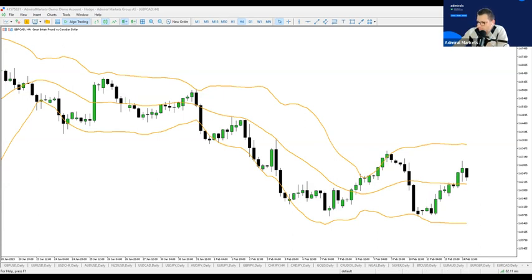Guys, I do understand that I'm the only one who talks here, okay? But please let me know, does this make sense to you? Do you understand how you can try and use the Bollinger Bands, especially for those who don't use them or for those who use them?